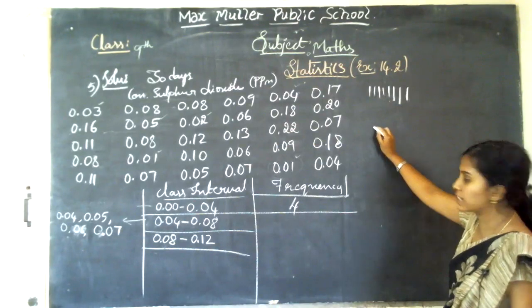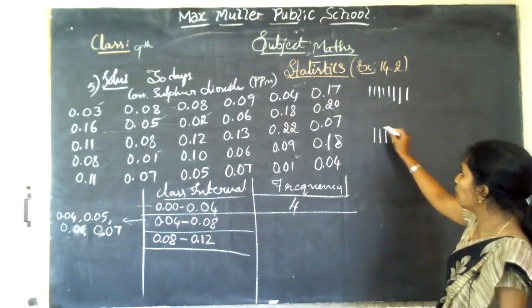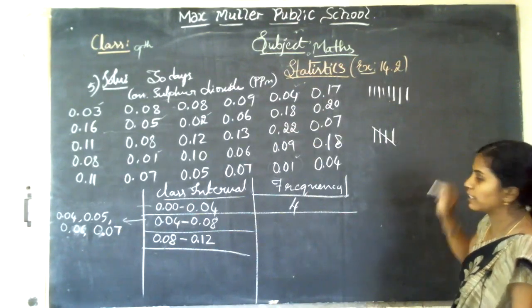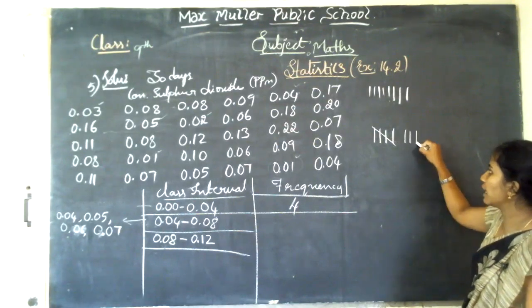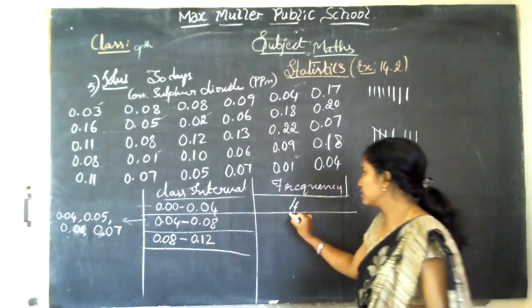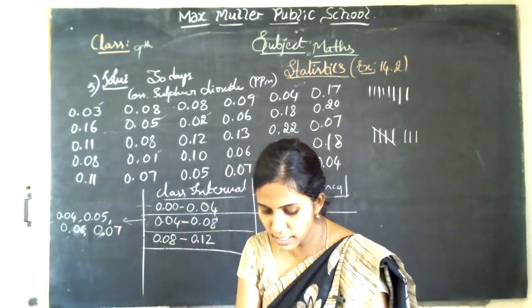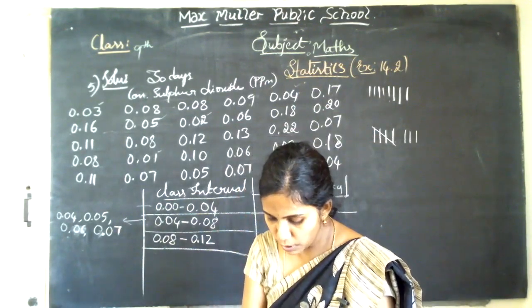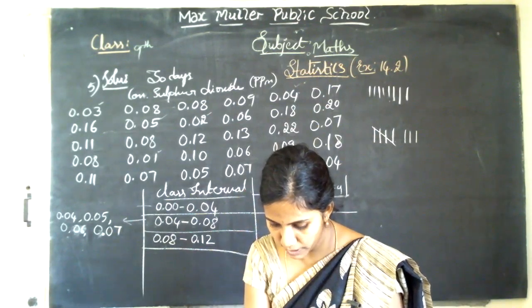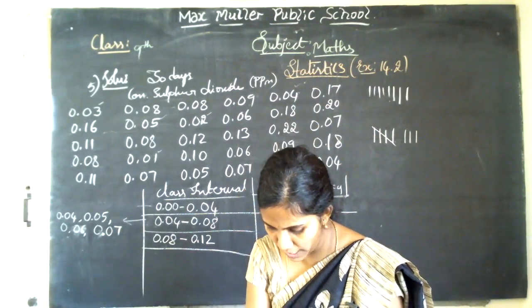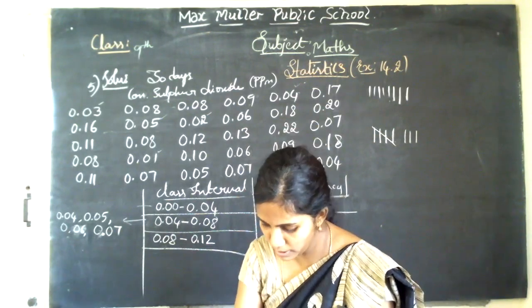How do you write it in tally marks? 1, 2, 3, 4, and this cut is the 4. Then 5, 6, 7, 8. So there are 8. The frequency is 8. Similarly, you can do it for the next.